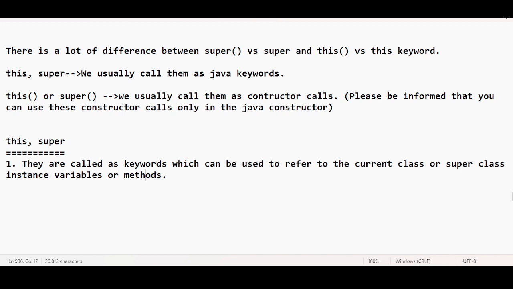Variables or methods, both. Even in methods you can use this or super. We will discuss this a lot in future classes.